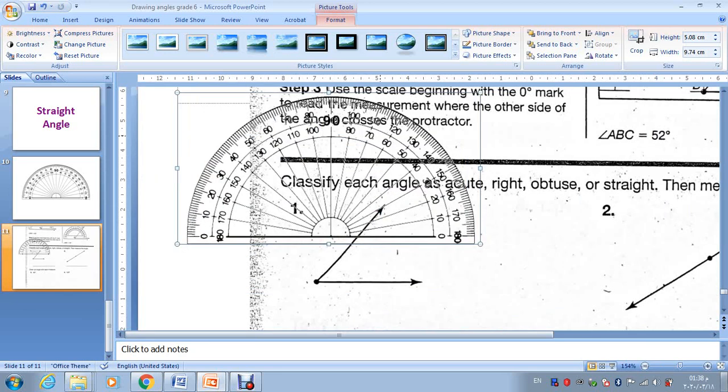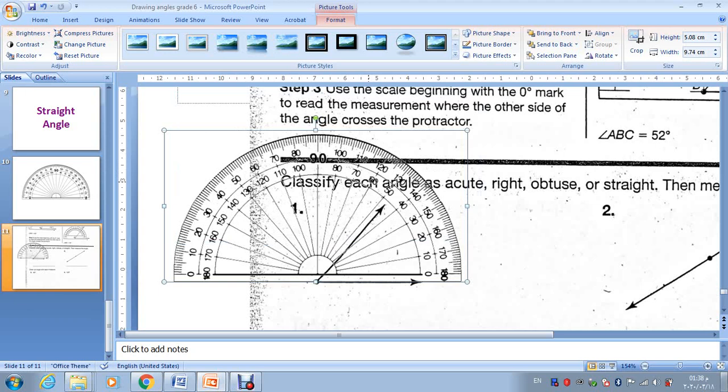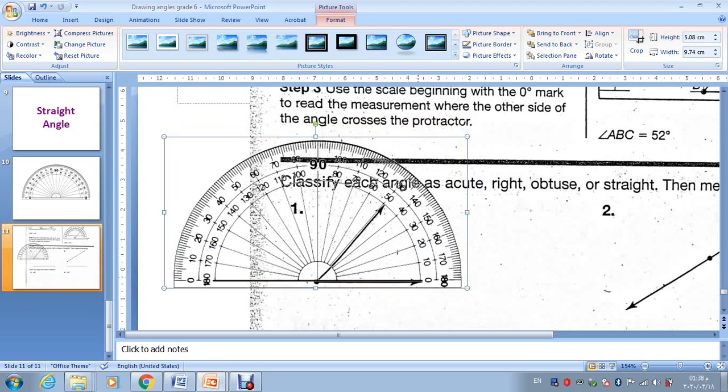You have to have your protractor with you, and then place the 0 mark on this one side of the angle. So we placed it on this side of the angle, right? On the right side here, okay? And then we placed the protractor center, this center in the middle here, on the angle's vertex.